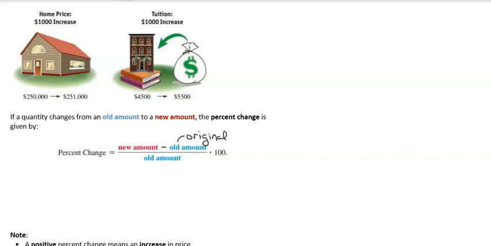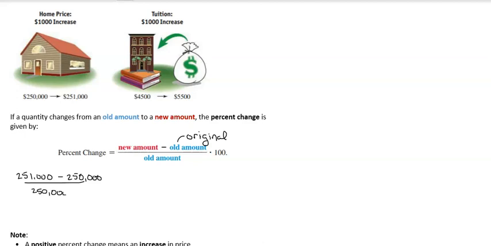So we have a home with a new amount of $251,000 and the old amount, $250,000. In other words, it went up, so it's positive, over the old amount, which was $250,000.